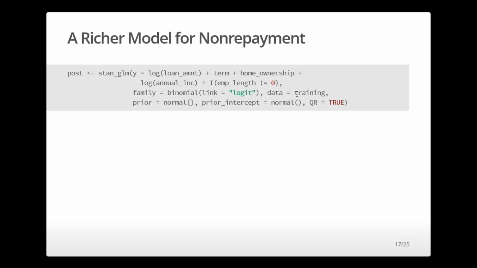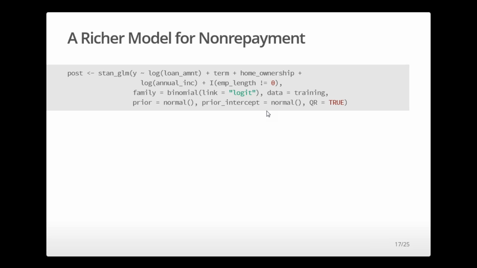And so let's think more carefully about what formula we're using here to specify the linear predictor in a logit model. So we're saying the log odds of defaulting on the loan are a function of the logarithm of the loan amount. The term variable, which is a two-category factor variable, whether it's a 3-year loan or a 5-year loan. The home ownership variable, which is also a factor.